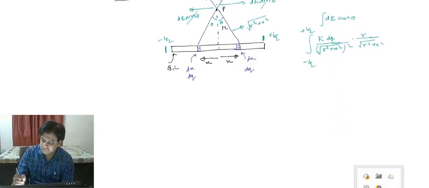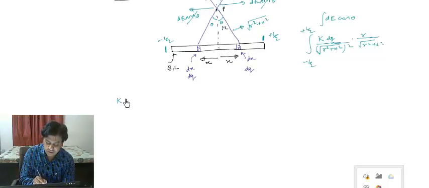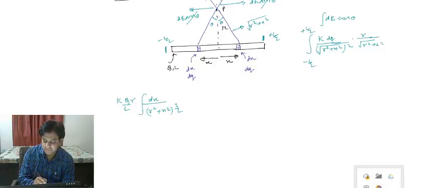So if I solve the above integration, I should put the value of dq, which is q by L dx. r is also constant. r square plus x square to the power 3 by 2, integration. Now to integrate this, I need to use the substitution method, the trigonometric substitution method.